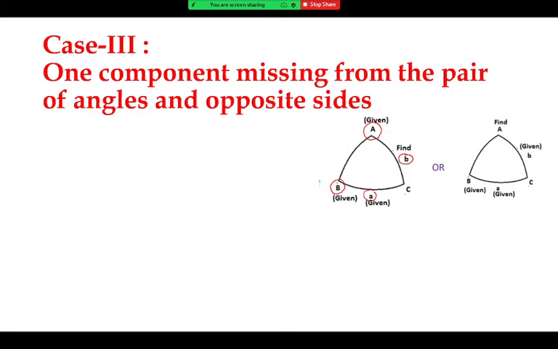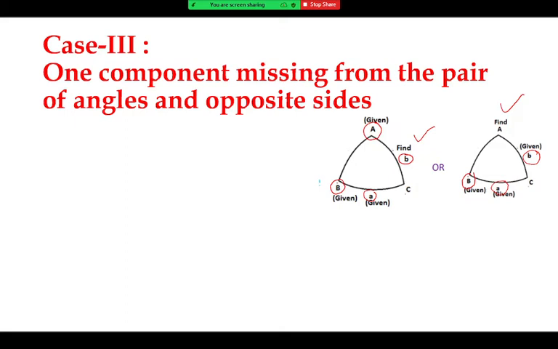If one of the components is missing, we can use the sine rule, because the sine rule formula involves only these quantities. Suppose two angles and one side are given and we have to find the other side, or two sides and one angle are given and we have to find the other angle. In both cases we can use the sine rule.